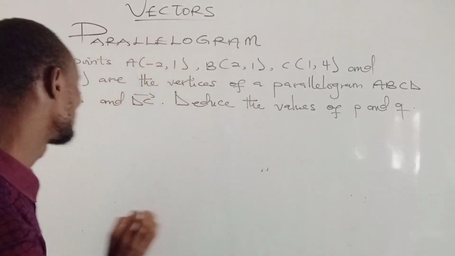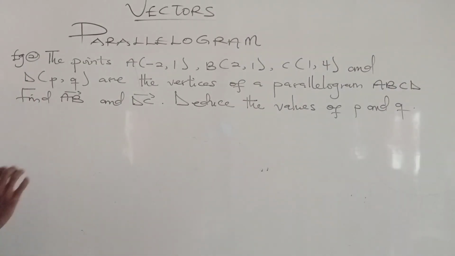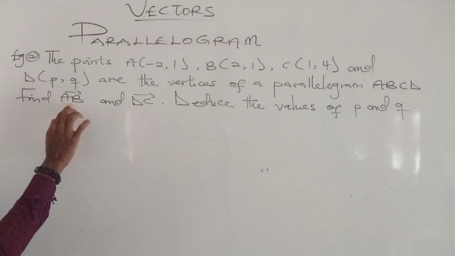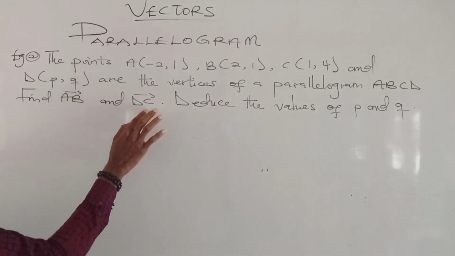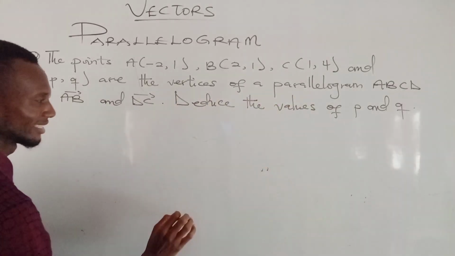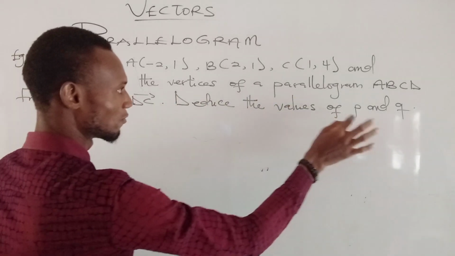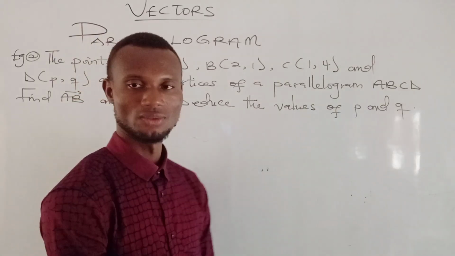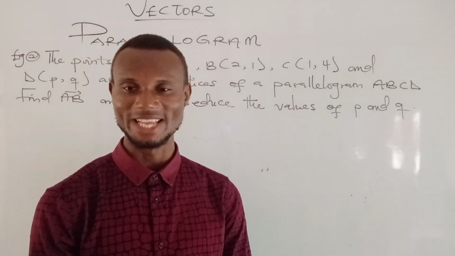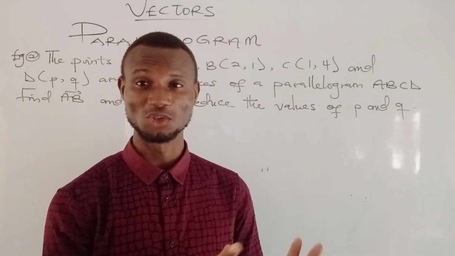The first part of the question says we should find the vector AB and the vector DC, and the second part is saying that we should deduce the values of P and Q. Let me read it one more time before we proceed to solve it together.